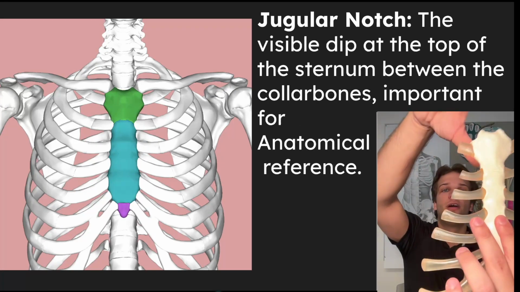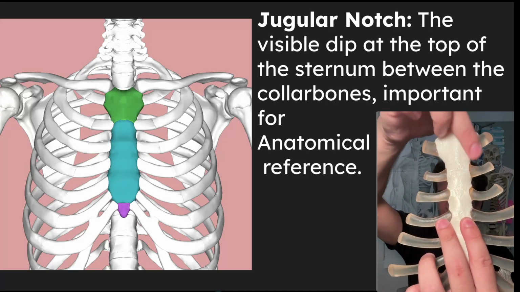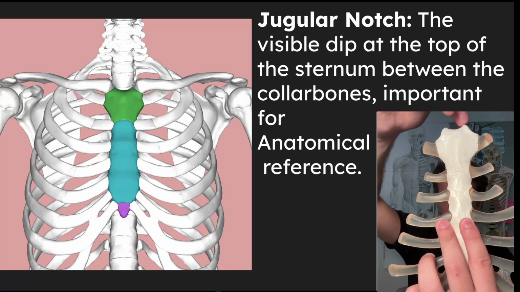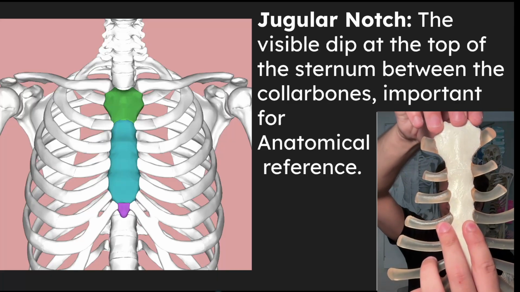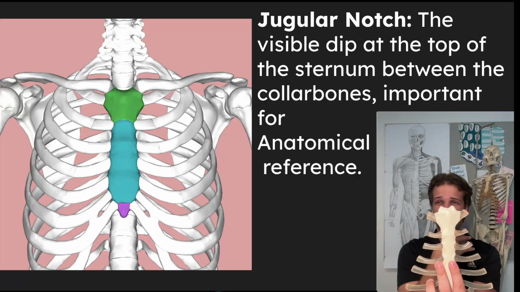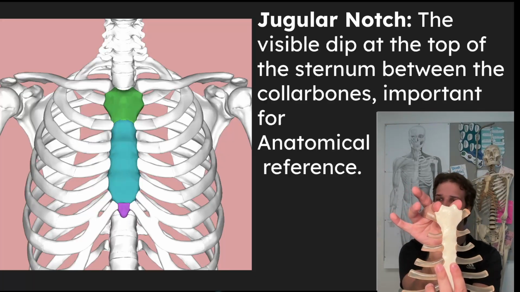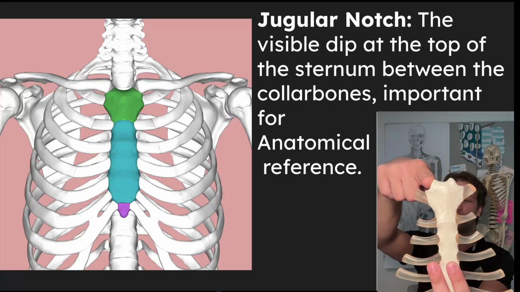Up at the top region here, this whole region is called the manubrium. So the manubrium is this top bit. It makes up the joint at the first rib, and it creates a joint with the clavicle, right? So with the collarbone. So super, super important here.